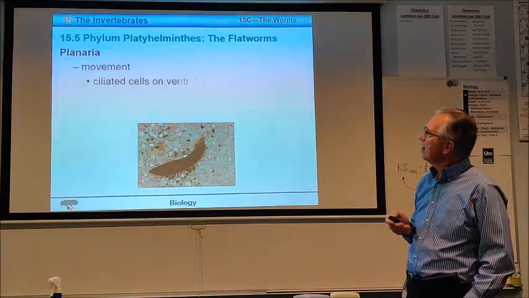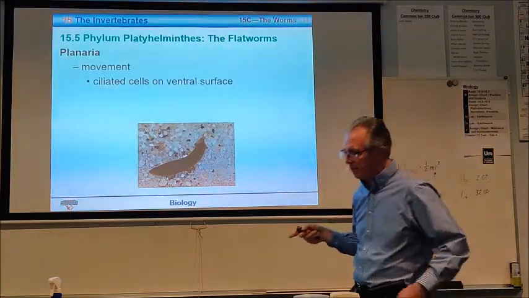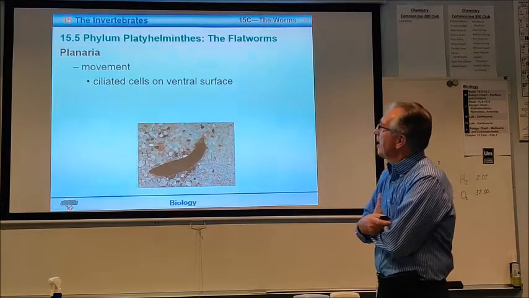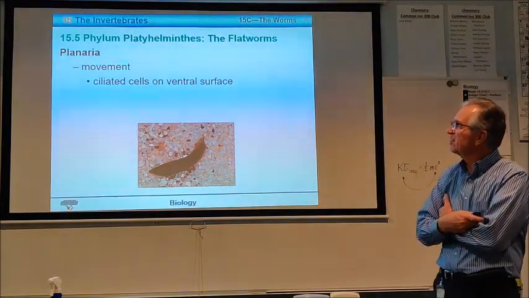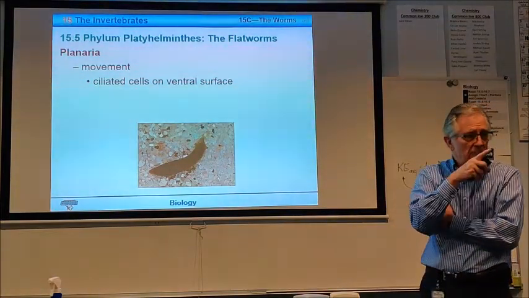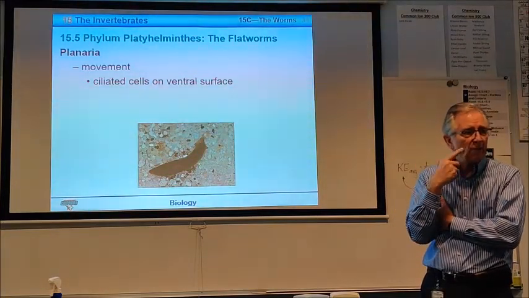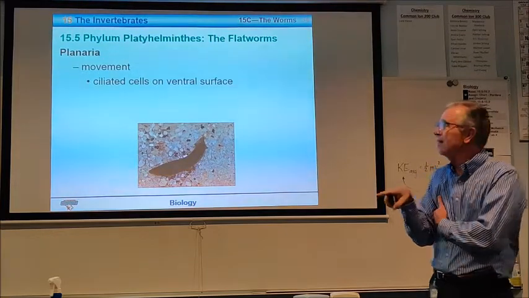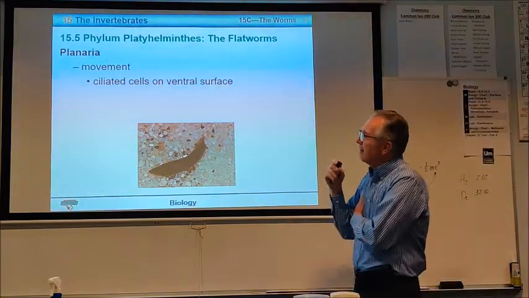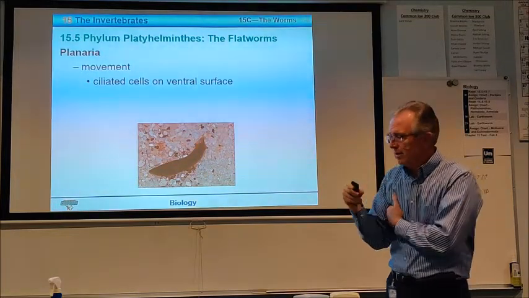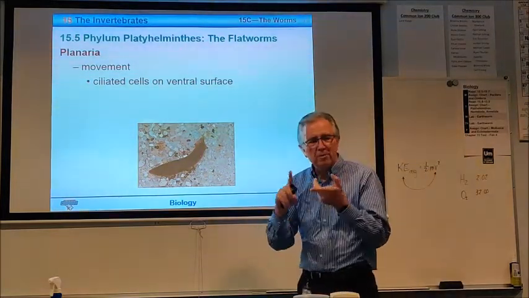The planaria, how does it move? So this would be over in the movement section. The planaria has ciliated cells. In other words, the cilia on the bottom side of the planaria, that's what ventral means, help it to move along. So it has cilia for moving. The tapeworm doesn't move.